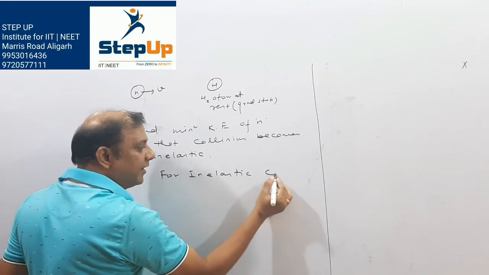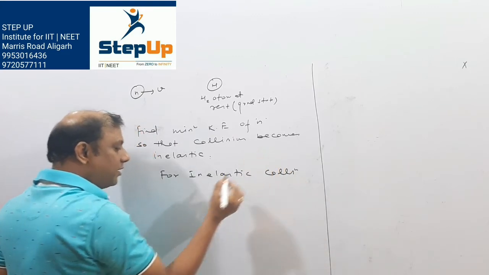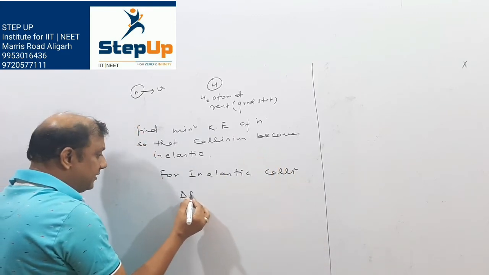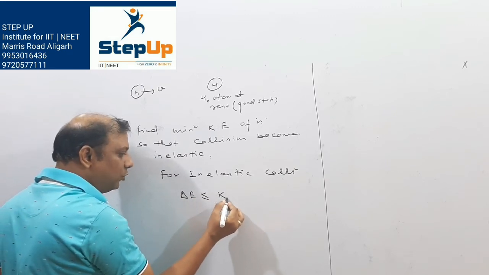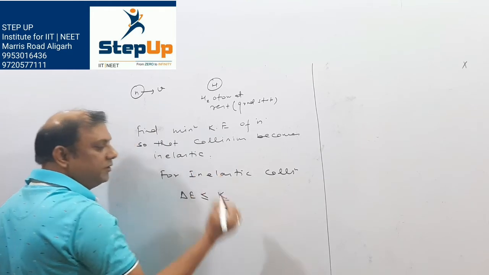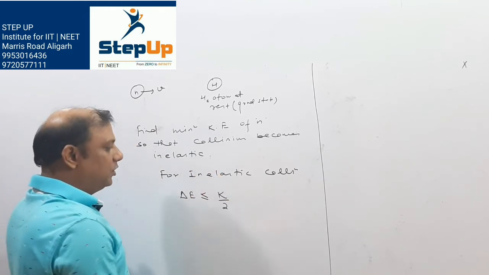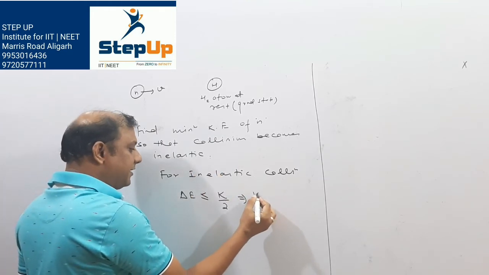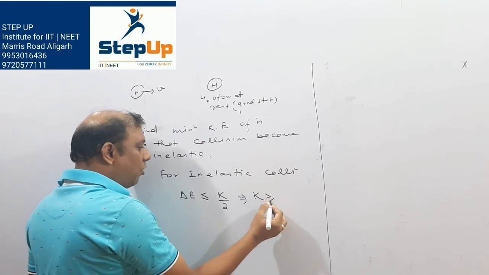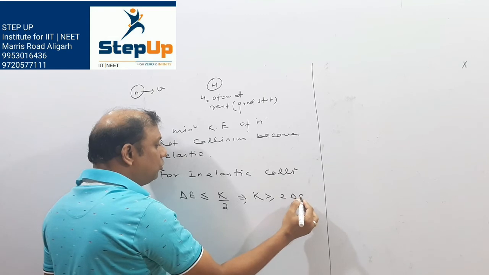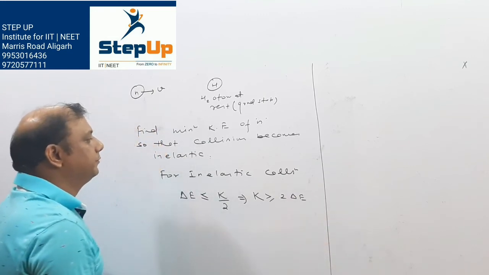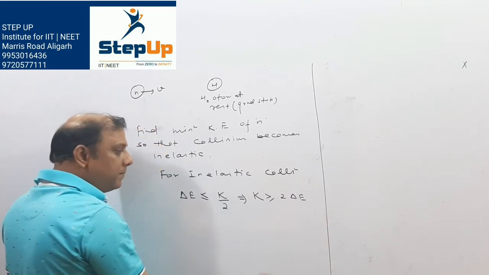So for inelastic collision, delta E is less than or equal to half of the kinetic energy of the neutron. So the kinetic energy of the neutron should be greater than or equal to 2 delta E.